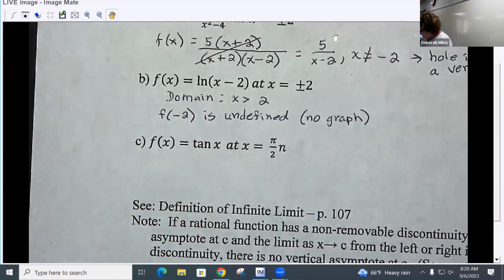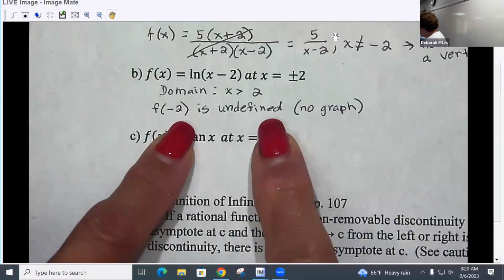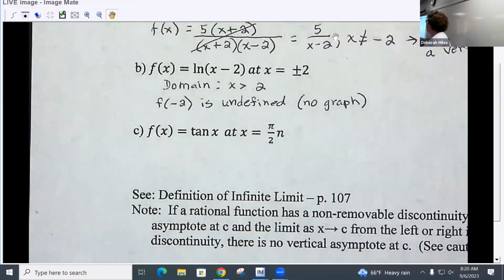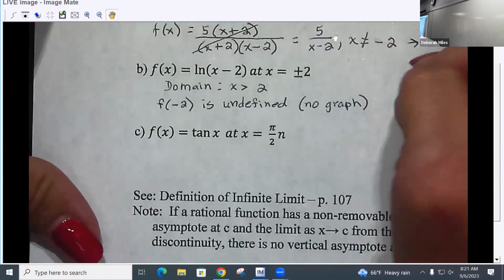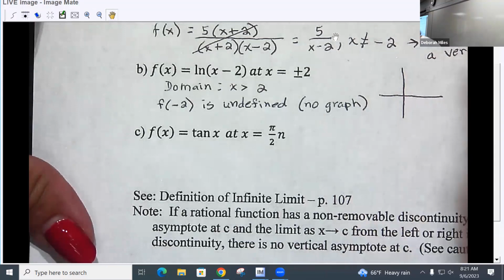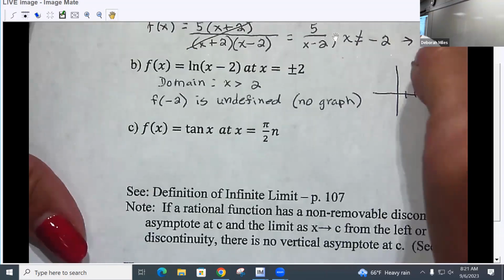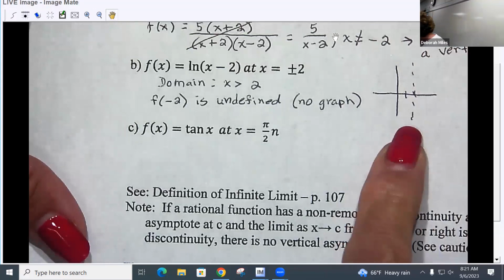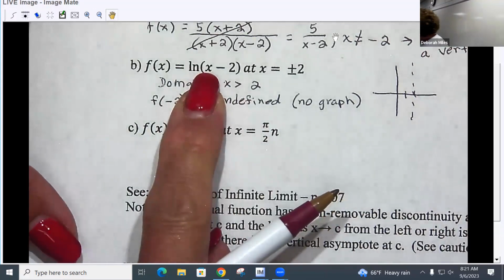All right, what can we say about the graph at x equals 2? The function's also undefined. Is there anything going on? There's nothing going on at -2. But is there anything going on at +2? There's a vertical asymptote. Remember, the graph of a logarithmic function has a vertical asymptote at whatever makes the argument 0.